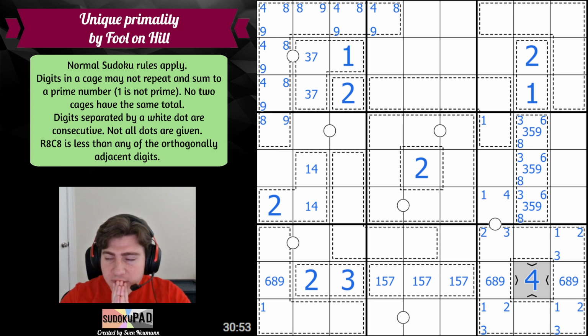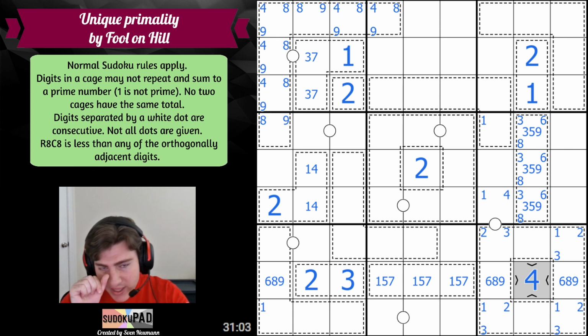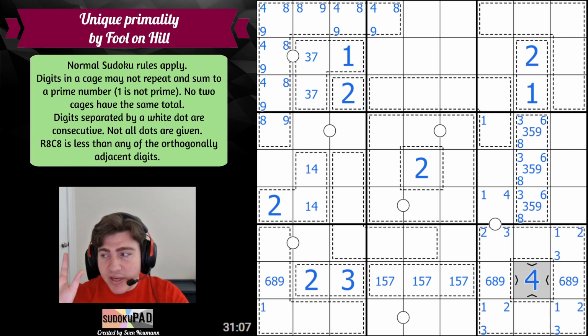Nineteen, 23, 29, 31. So 31 we saw has a ton of options, but they all seem to require 9. In the same way, the way we could think about that is 8, 7, 6, 5 or 9, 8, 7, 6, 5, 4 is 39, minusing 9 is 30. So it's not high enough. So a 5 cell cage without a 9 can never be high enough.